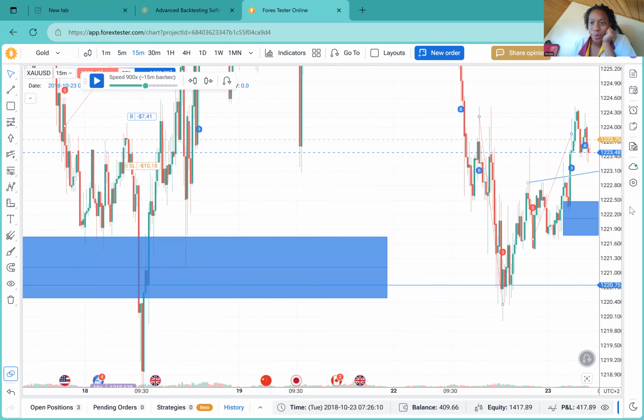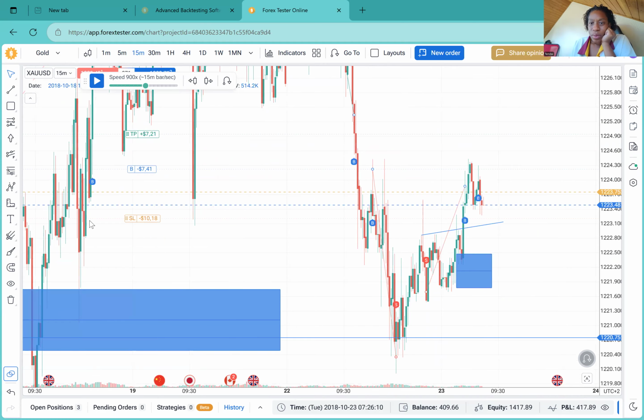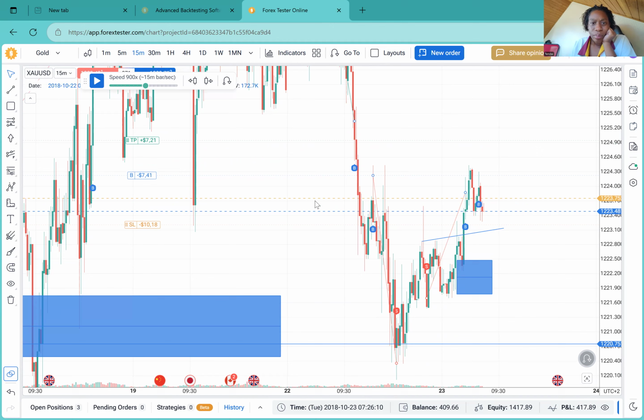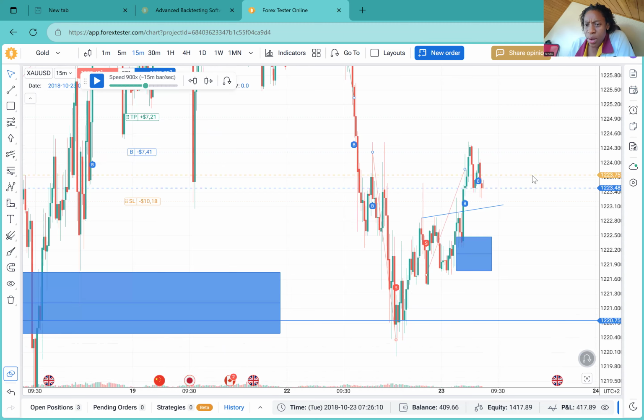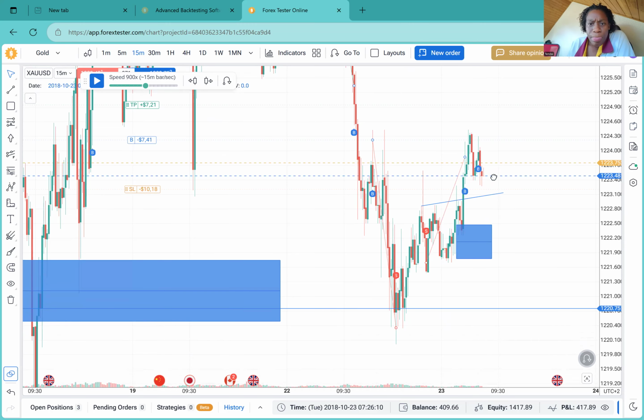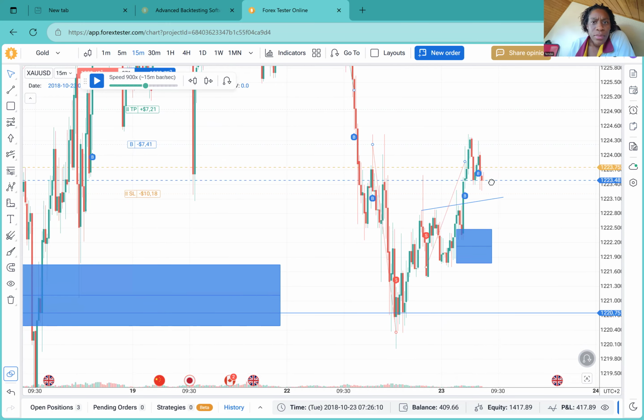Let's see it in the 15 minutes. What's going on? So I'm saying that we are now in a... okay, so I would like to adjust the stop loss because it looks like price... Okay, our TP is up here.